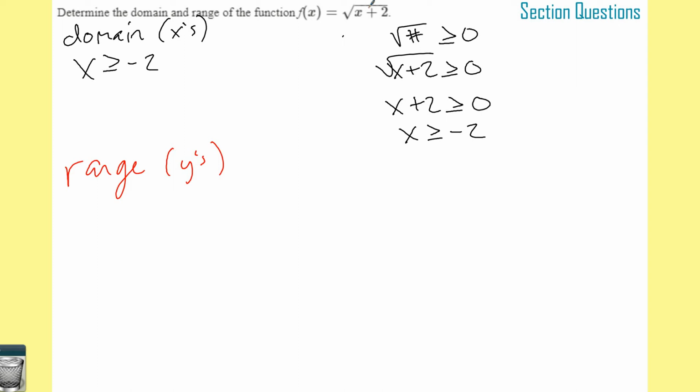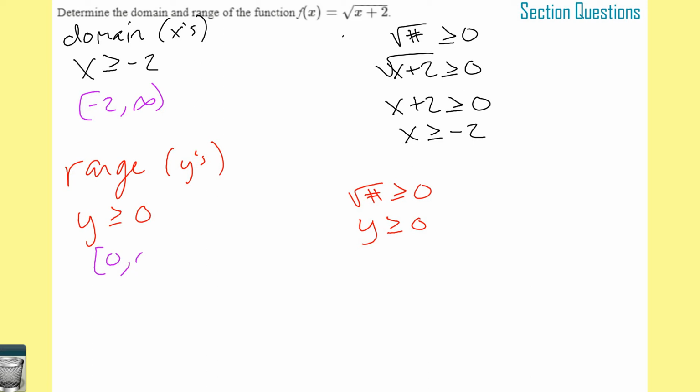So my output has to be bigger, right? So again, the square root of a number must be greater than or equal to 0. So that's all I have, is that y must be at least 0. Okay? So again, interval notation or set notation would be perfectly fine. So this is from negative 2 to infinity, and this is from 0 to infinity.